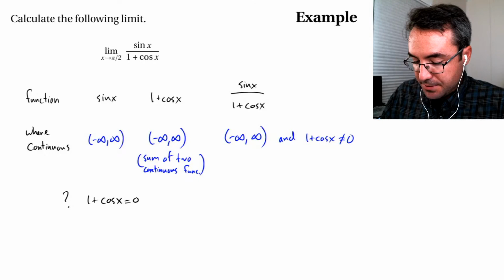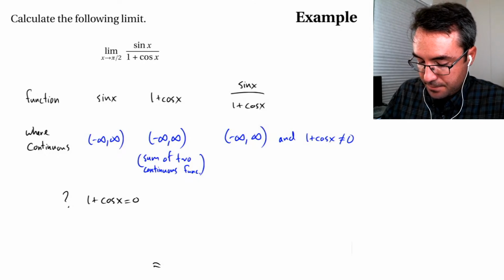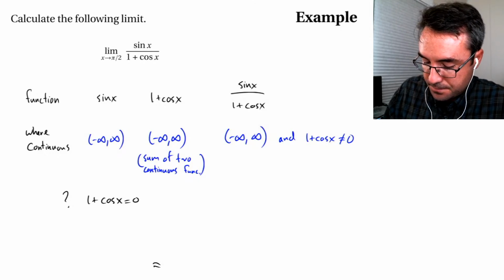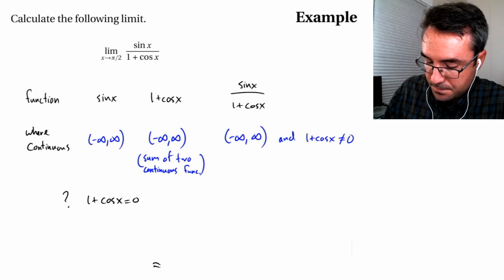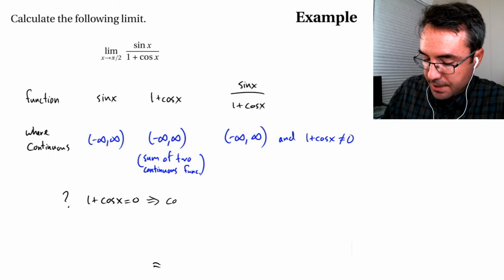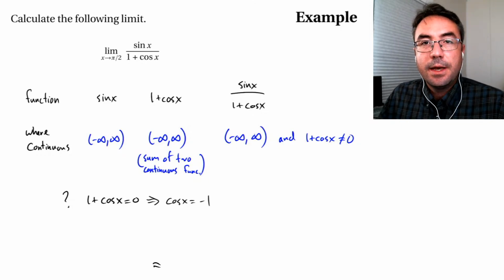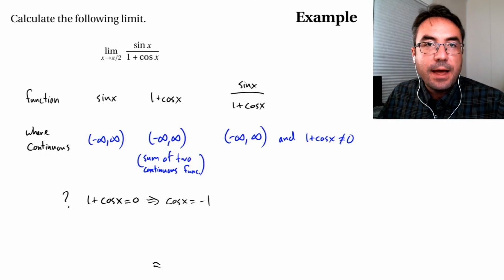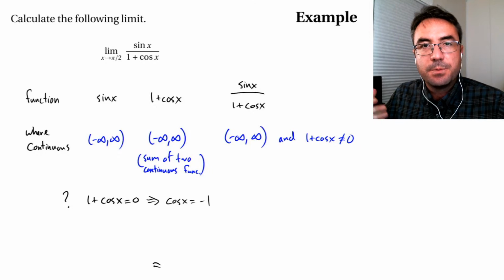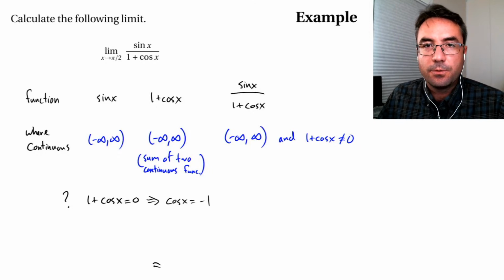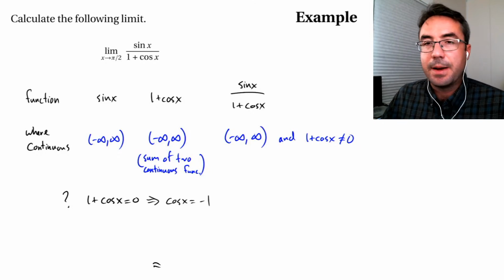And that happens if cosine x is equal to -1. That's one of our important values of cosine. This might be something we're going to be seeing over and over, so we should have this memorized.